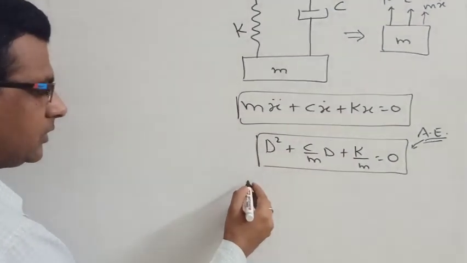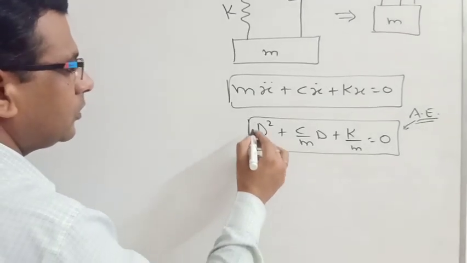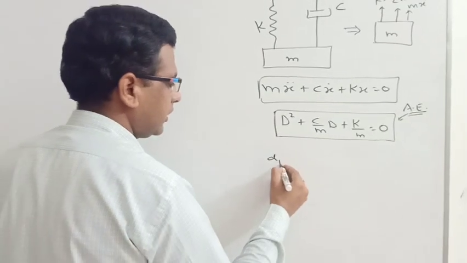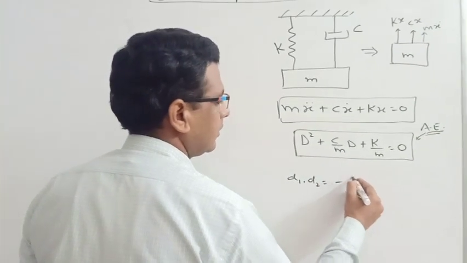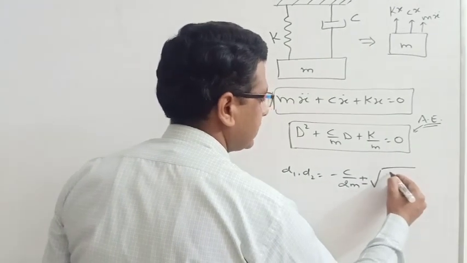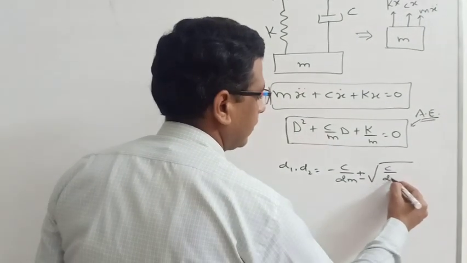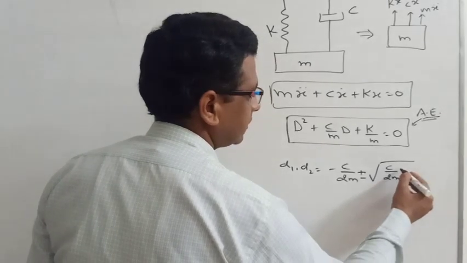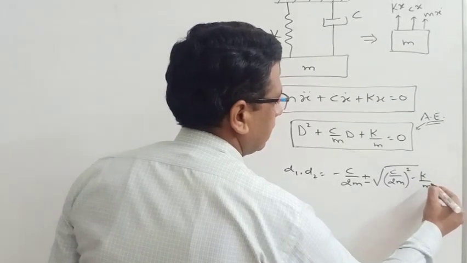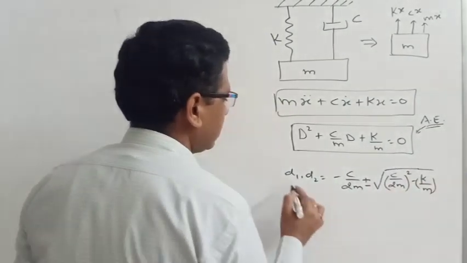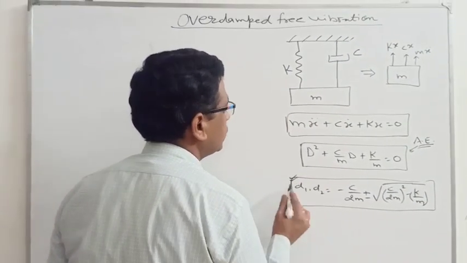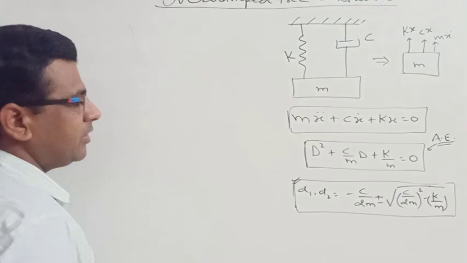From this equation, the roots of this auxiliary equation we have calculated in our previous video on damped vibration. This is the equation of roots for this damped vibration system.